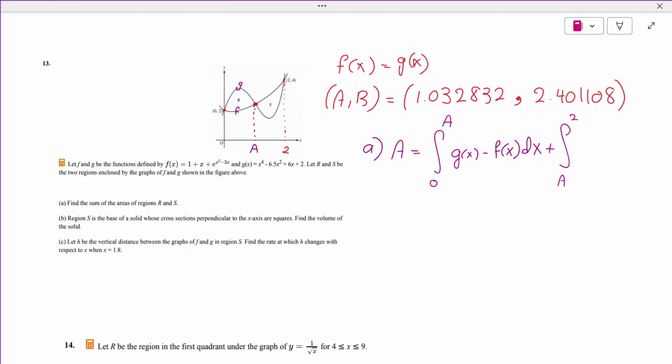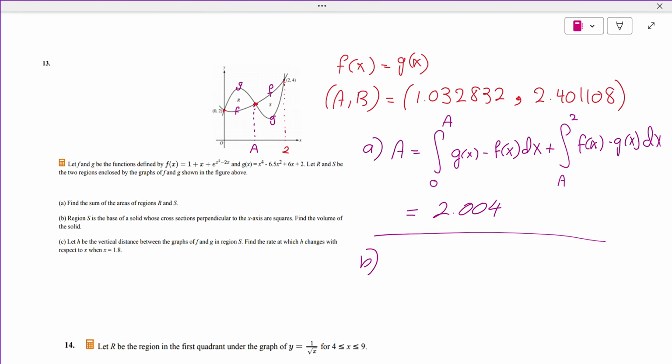Now the upper function becomes f, and the lower function is g. So f of x minus g of x dx. For the sake of time, I'm not going to write what g and f are. They are in the question. The final answer is going to be 2.004. This is part A.